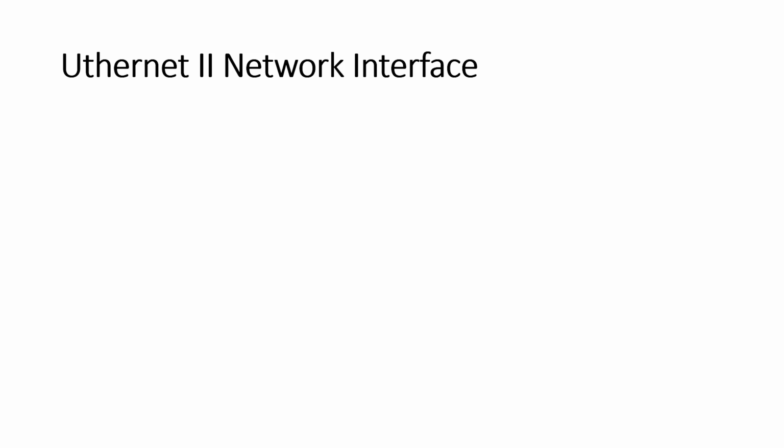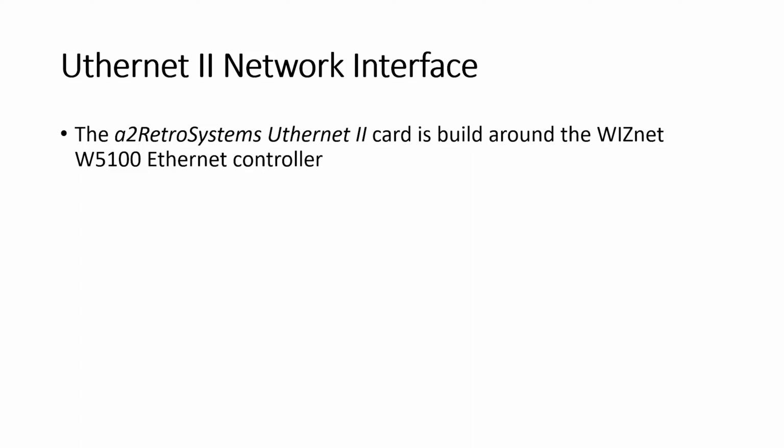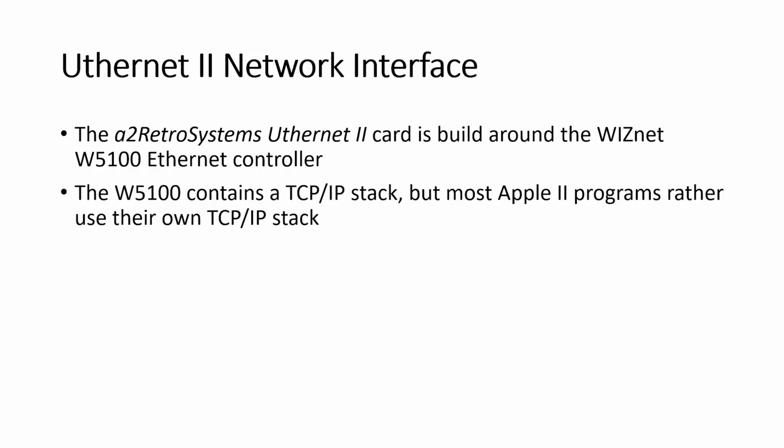So we need to have a closer look at the network aspects. A2Stream uses the A2Retro Systems Ethernet 2 card, which is built around the WIZnet W5100 Ethernet controller. That controller contains a TCP/IP stack, but most Apple II programs rather use their own TCP/IP stack.